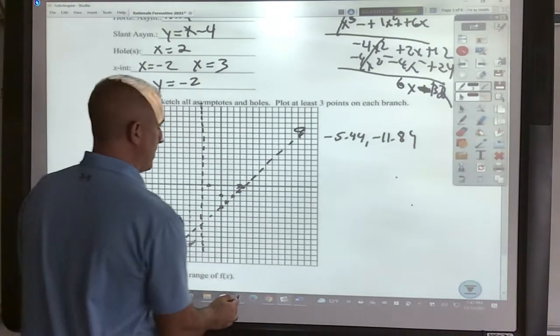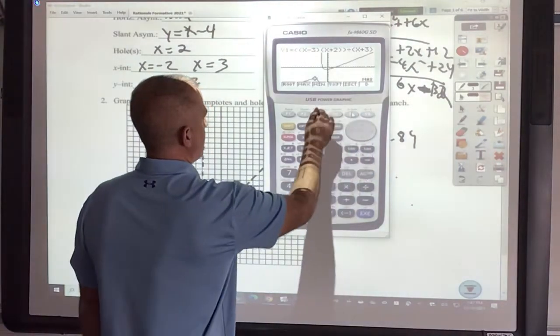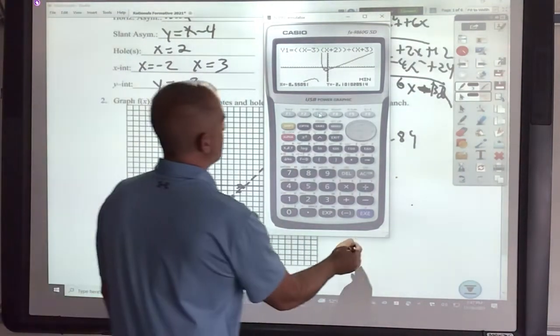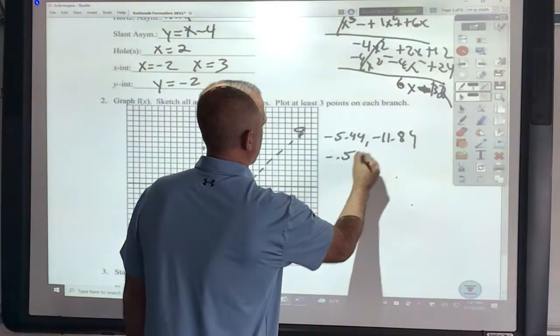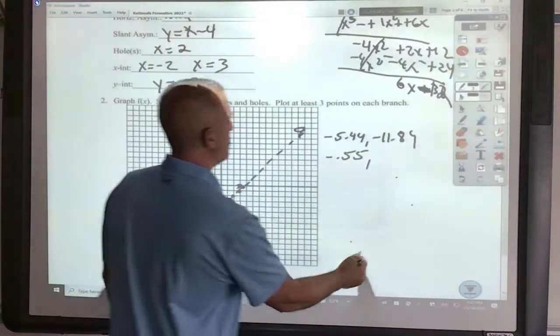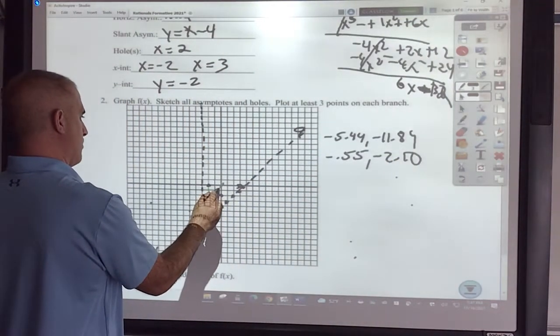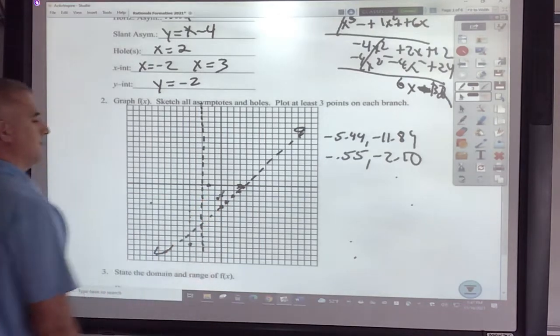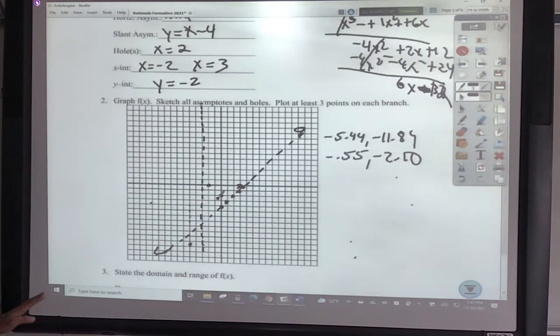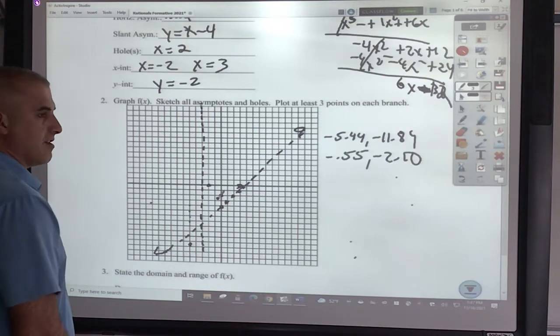So there's that point. G-solve minimum, -0.55, -2.10. So that's -0.55, 2.0. Those are going to be important for me when we get to the domain and range.